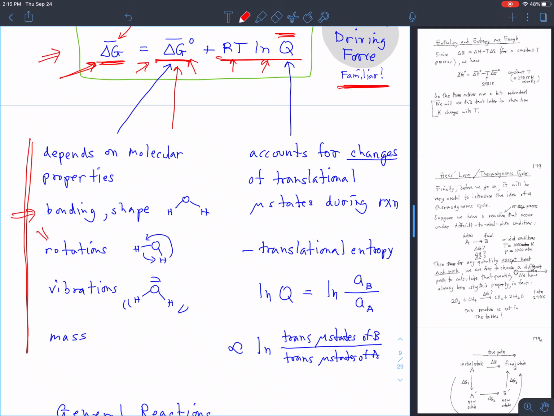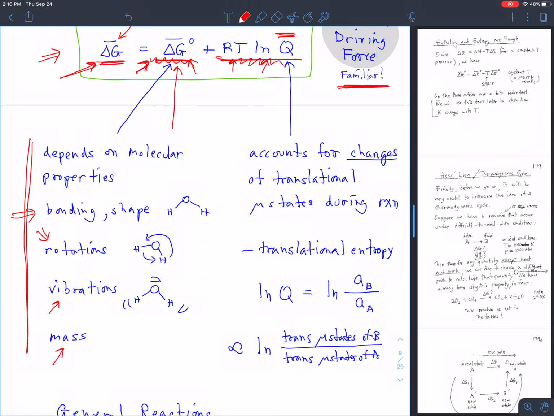If the molecule changes its rotational properties, in other words, if the products rotate more or faster than the reactants did, those kinds of effects are also accounted for in this standard state delta G. Same for vibrations, same for changes in the masses of the molecules and so on. All those things are buried and hidden and packaged up neatly inside this one number, delta G0.